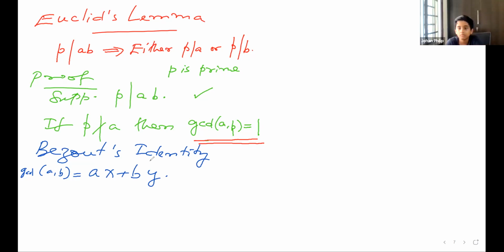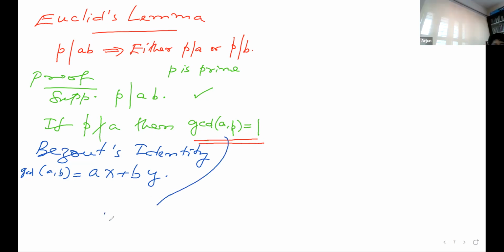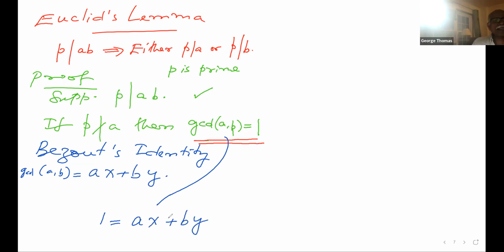Yes, sir. So what is the GCD here? 1. So 1 equals some AX plus B times some Y. Is that true? Do you all agree with this? Yes, sir.